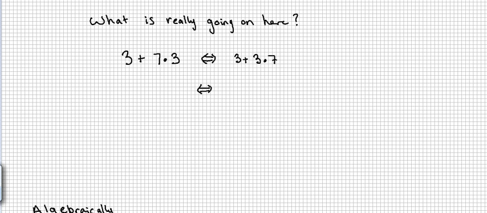So let's just go through this one more time about what's really going on here so we can see this out. You're going to have 3 plus 7 times 3. That's 7 plus 7 plus 7. We're going to solve this side first. This is what we just did above. This will be 10 plus 7 plus 7, which will be 17 plus 7, which will be 24.